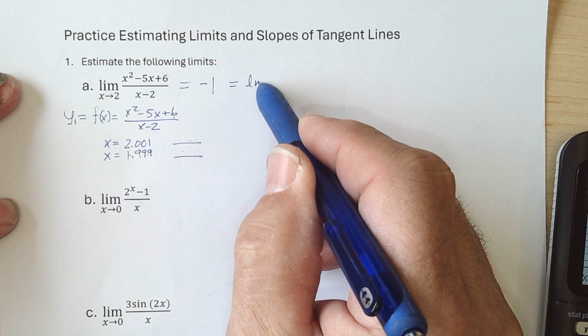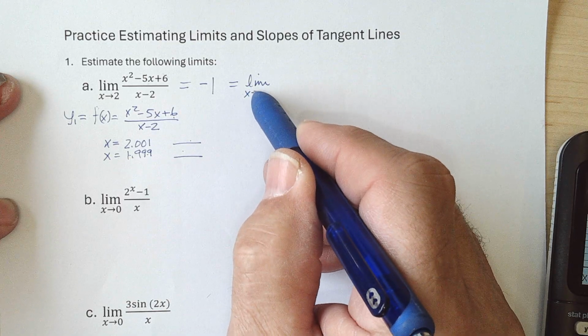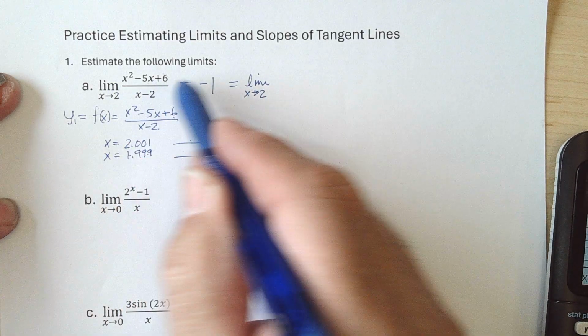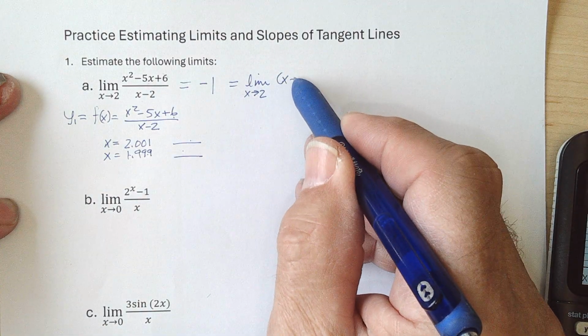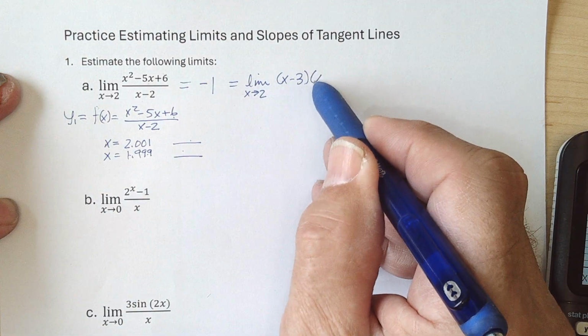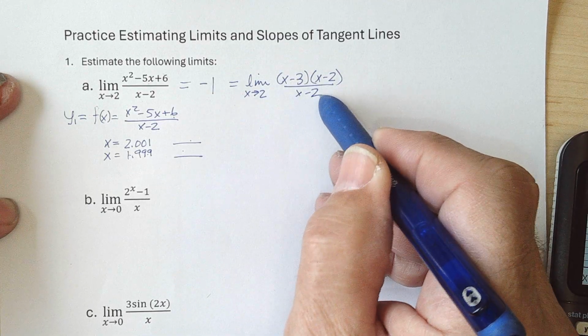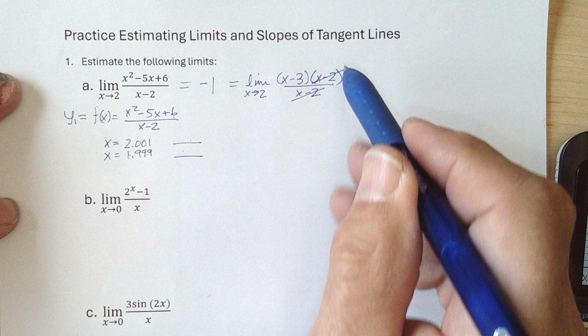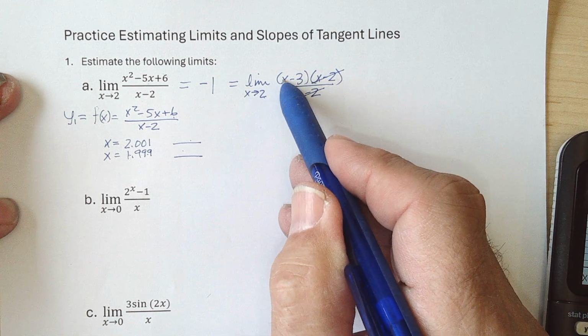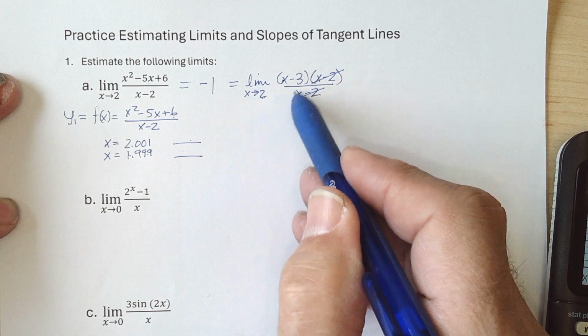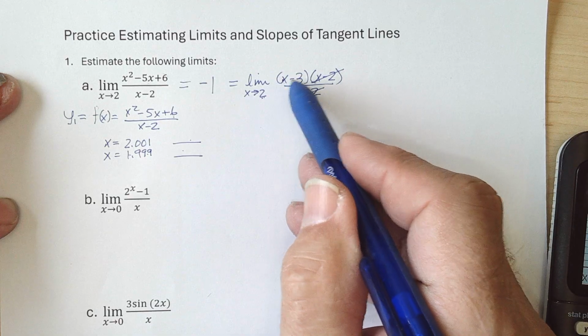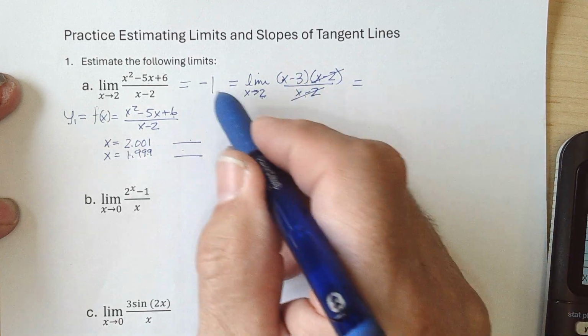So this limit as x approaches 2 factors to x minus 3 and x minus 2 over x minus 2, and the x minus 2's would cancel, so I could just put 2 in there because there's not a problem anymore of putting 2 in, and I get 2 minus 3, which is -1.